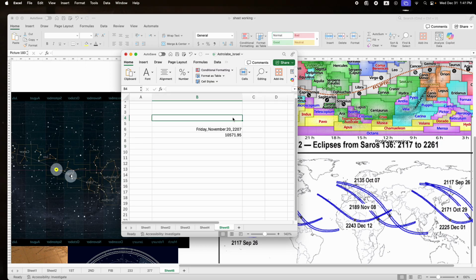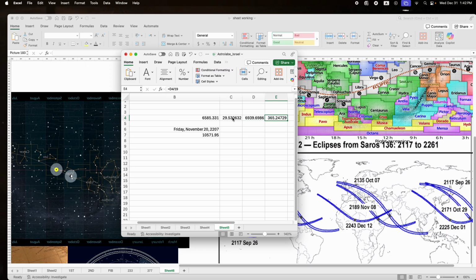Which again, from Saros to Saros was 6585.331. And we know that 4070 times 5 is the closest number that we can get to that. So we find that interesting. But we know that this is divided by 223 synodic moon cycles. And we know that there are 235 synodic moons in 19 years.